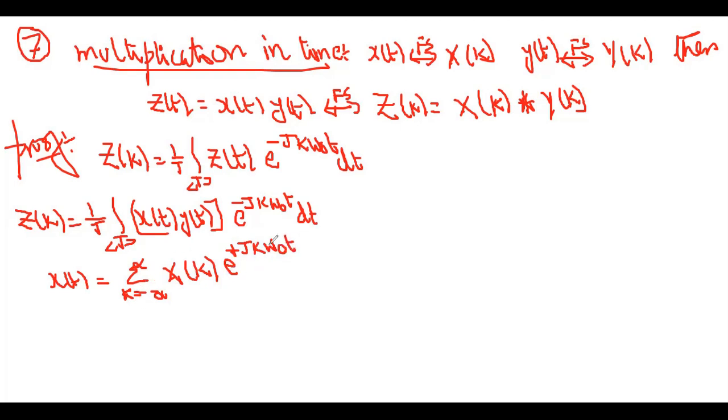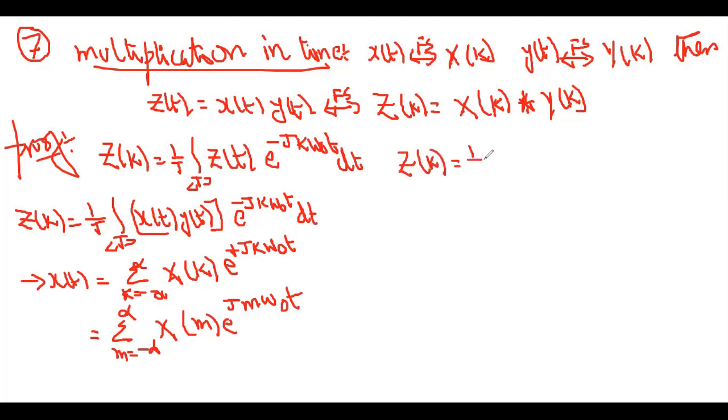Now I'm changing this k to an m variable, a dummy variable: the sum of m equal to minus infinity to infinity x of m, and wherever the k is there, you replace it with m omega naught t. So you can substitute this x of t. Now z of k becomes 1 by T, the integral over T. What is the x of t now?